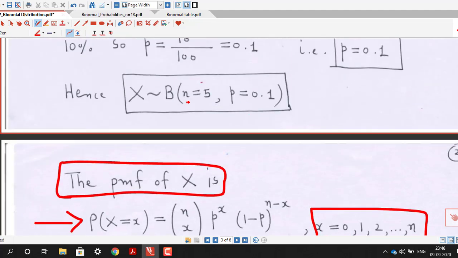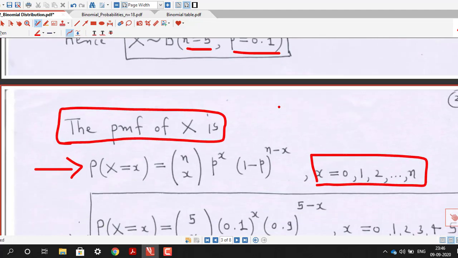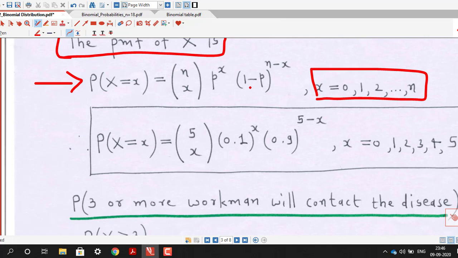Now here n is 5 and p is 0.1. If we put the values of n and p, we will have 5Cx 0.1 raised to x, and 1 minus p is 1 minus 0.1, that is 0.9, raised to 5 minus x, and x is from 0, 1 up to 5.